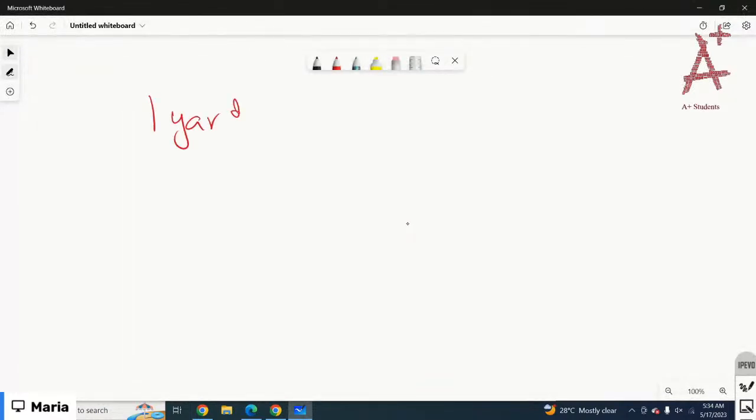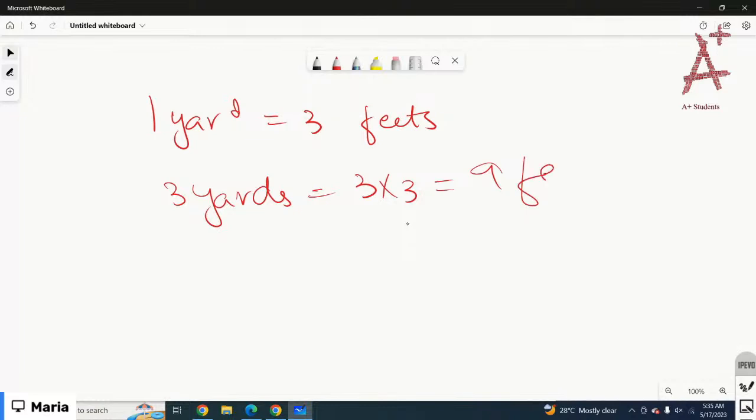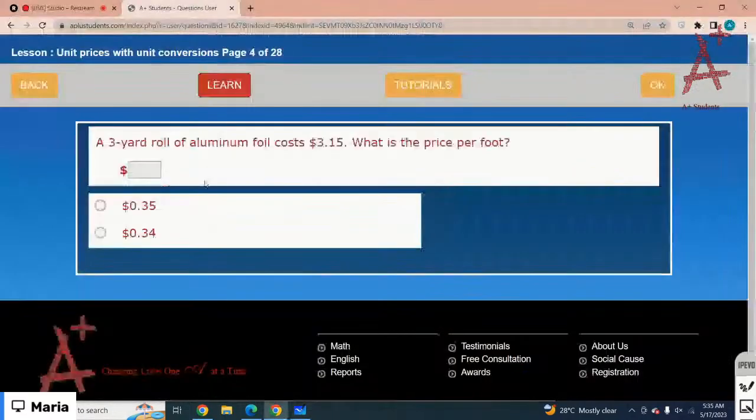So 3 yards equal 3 times 3, that means 9 feet. The price is $3.15, so you just have to divide 3.15 by 9. It would be $0.35. The correct option is $0.35.